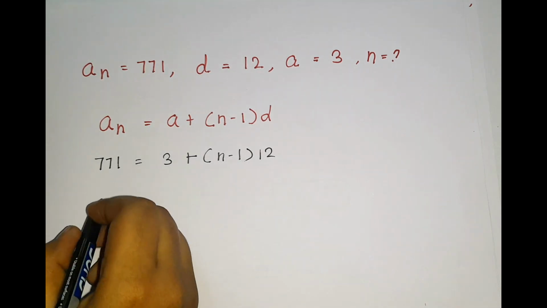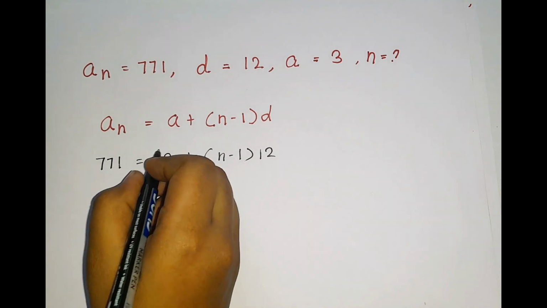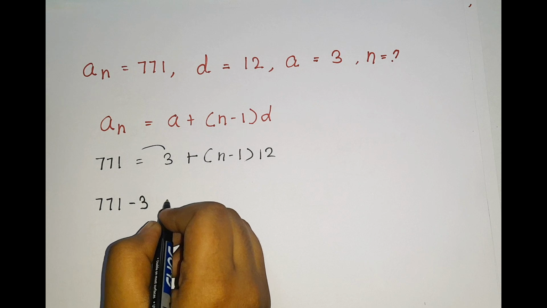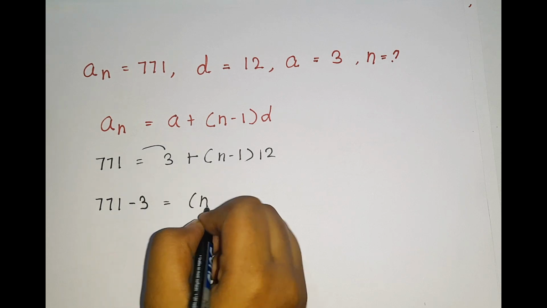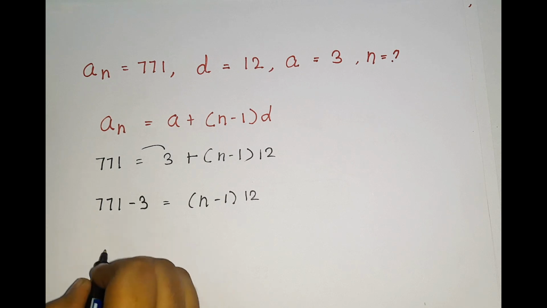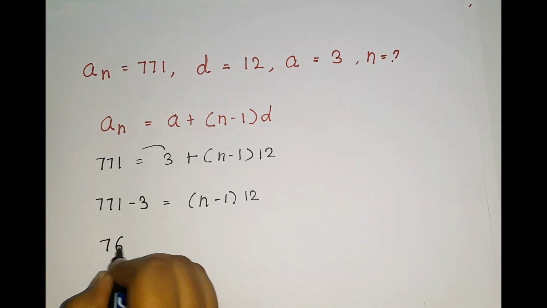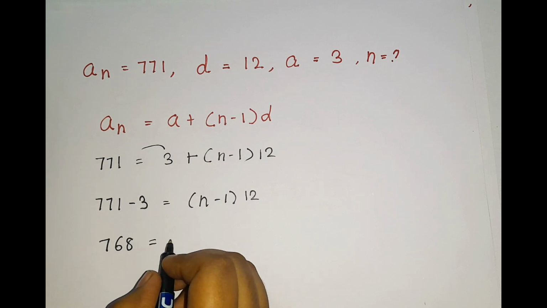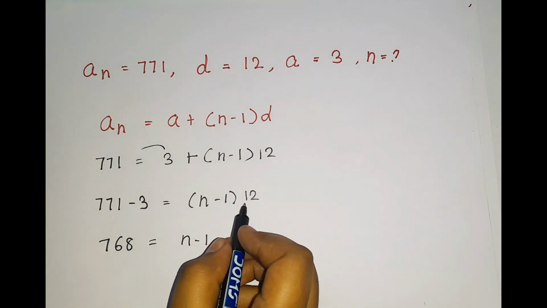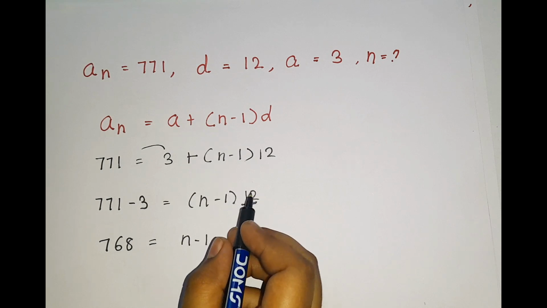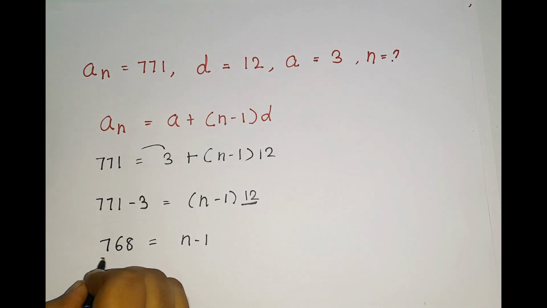So we write 771 as it is. When the plus 3 goes to that side, it changes into minus 3, and we write n minus 1 into 12 as it is. When we subtract, we get 768 is equal to n minus 1 into 12. The 12 is in multiplication form, so when it goes to this side, it changes into division: 768 divided by 12.